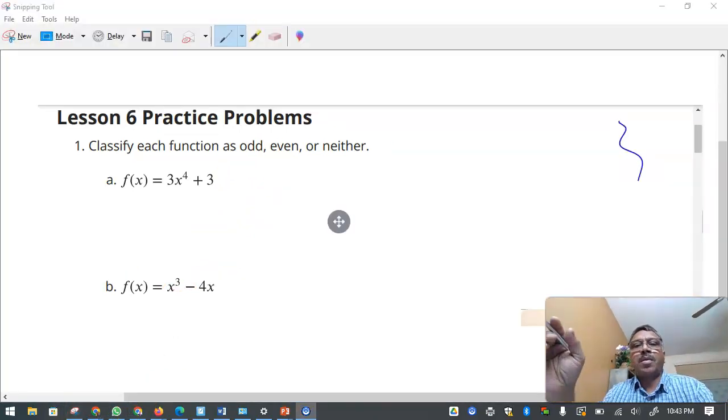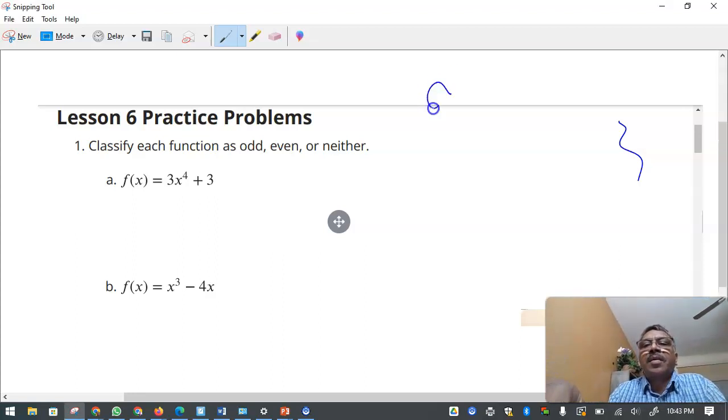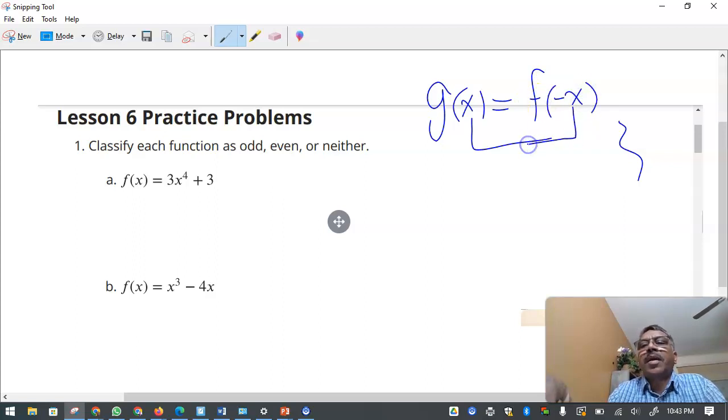Remember, so far we have been identifying if the new function has the same output for opposite inputs. If the output is the same, then we say this is an even function.